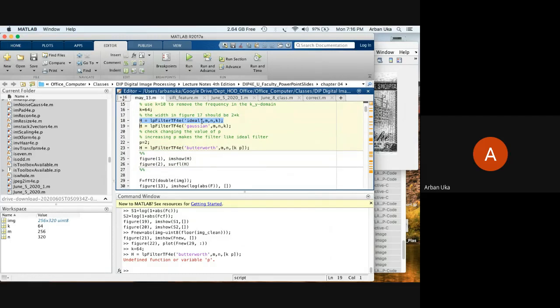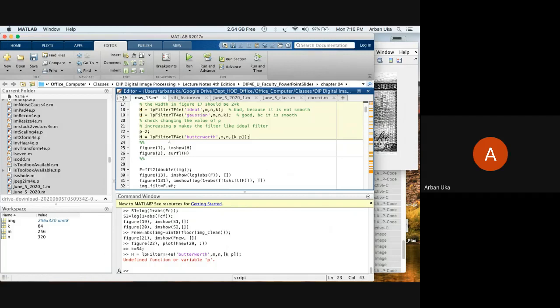It is not very reasonable to have such a filter, because for filters in the frequency domain, it is best if they are smooth. So this one is bad because it is not a smooth filter. This one is good because it is smooth, and it is slightly better than the Gaussian.